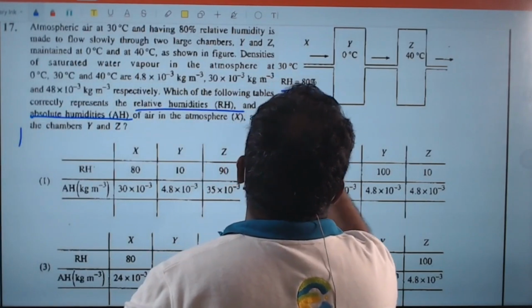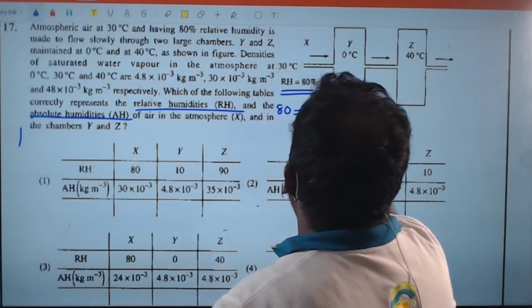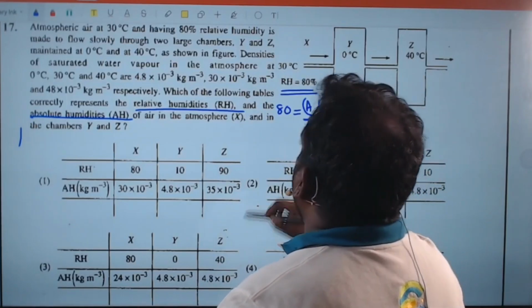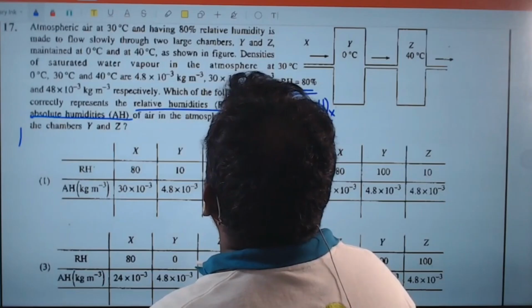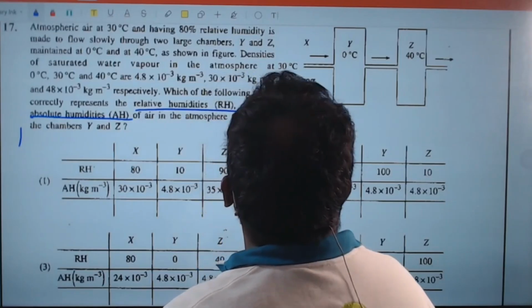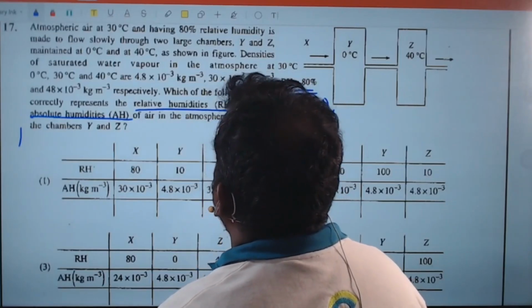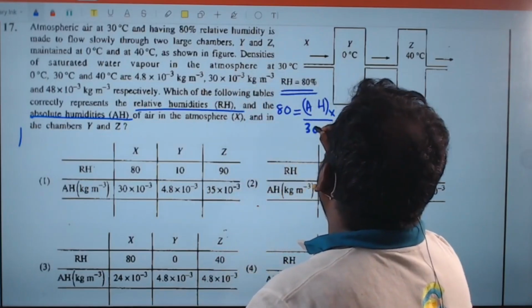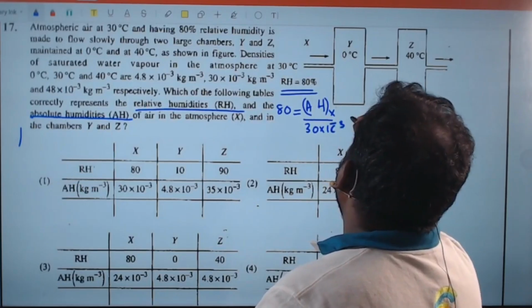RH is 80%, absolute humidity at X divided by absolute humidity at saturation, into 100. 30 × 10⁻³ into 100.